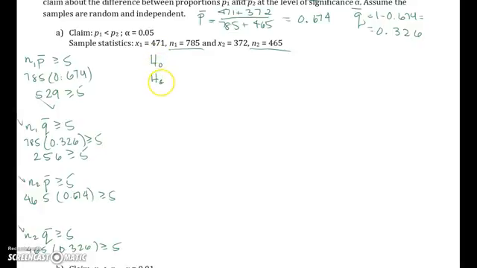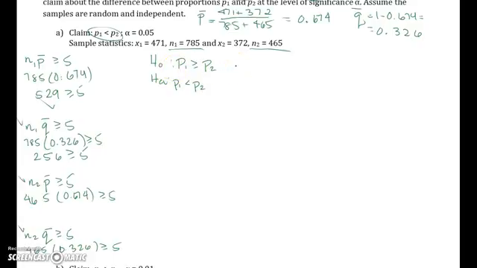Thinking about the alternative and the null, this claim is the alternative hypothesis. So the null is going to be P1 is greater than or equal to P2. And we're going to assume that the null is true. That means that they could be equal to each other.